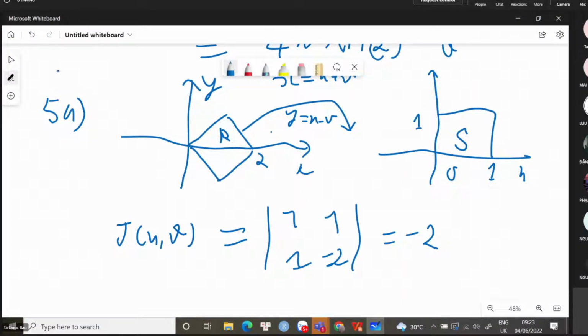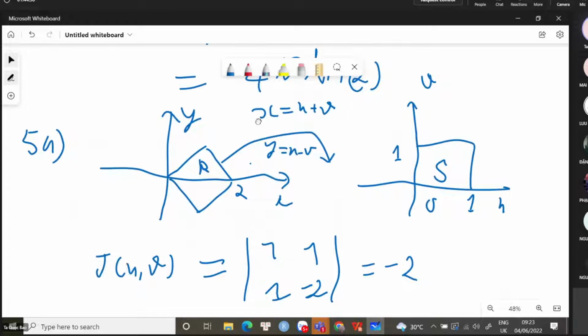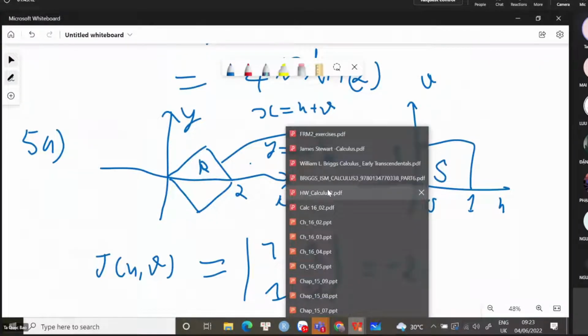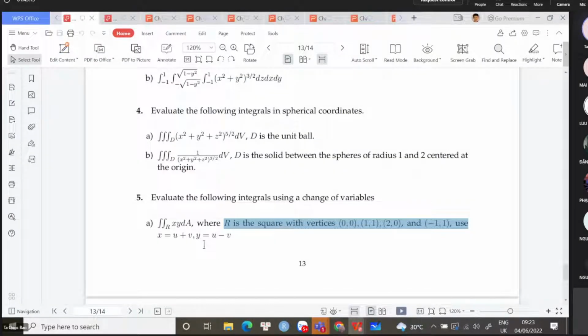When we have x equal to u plus v, y equal to u minus v, dx/du is 1, dx/dv is 1, and dy/du is 1, and dy/dv is, sorry, maybe y equals u minus 2v?